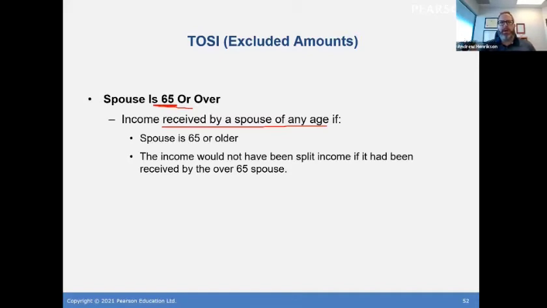So you guys will be expected to be able to analyze some basic scenarios and come up with what that resulting tax treatment would be. So these would be under the category of just like a short answer question. Is this person going to fall into the TOSI rules or not? And why? Is it an excluded amount? Is it an excluded business? How do they avoid the rules, or how do they fall into them?